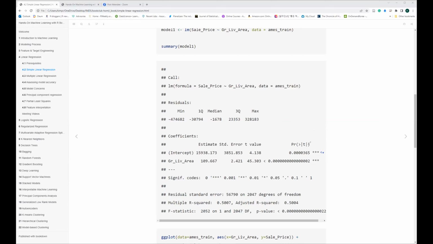Discarding that scenario, what we can do is move the intercept to a parameter that we can interpret. We can move that intercept to, let's say, the mean of the gross living area, and then you get a better understanding of the guess when x is the mean value of the predictor.